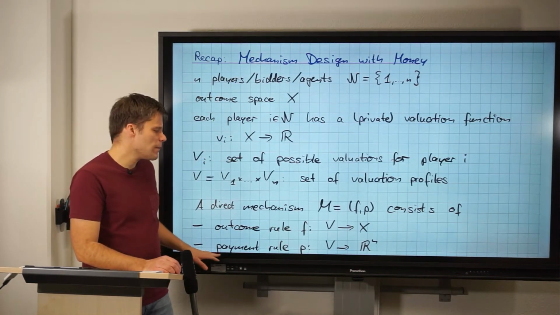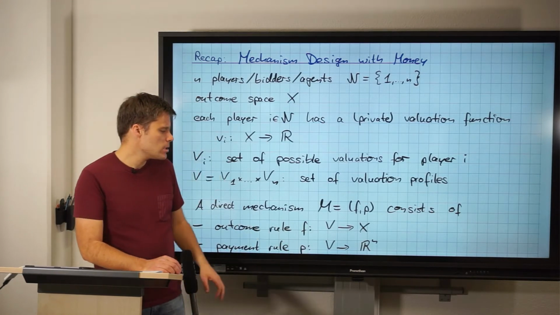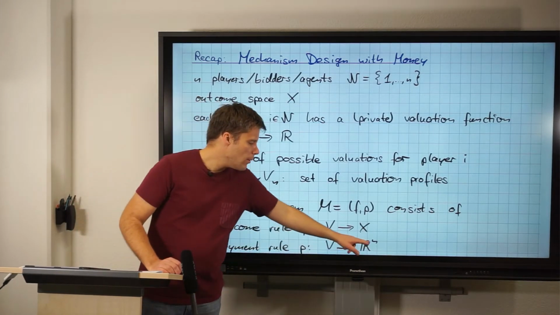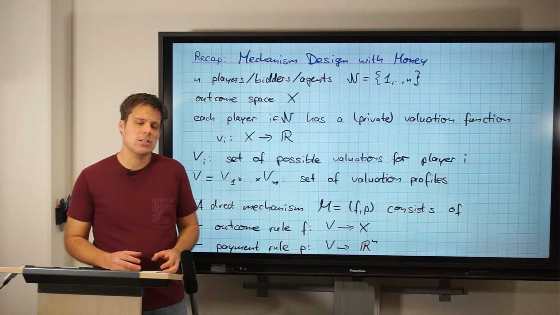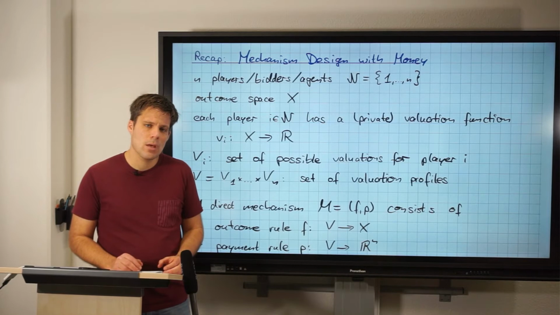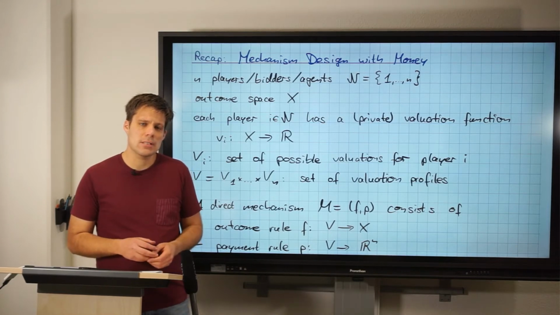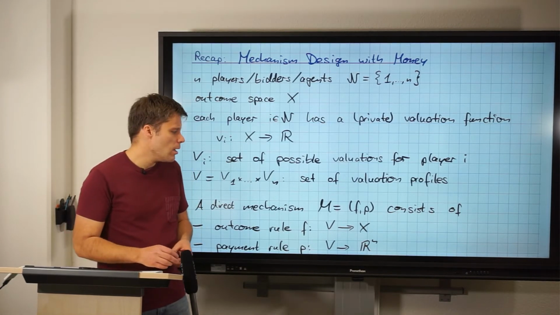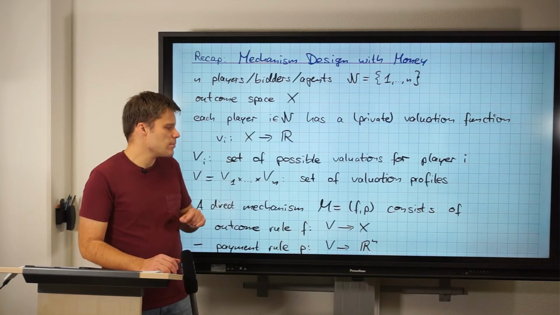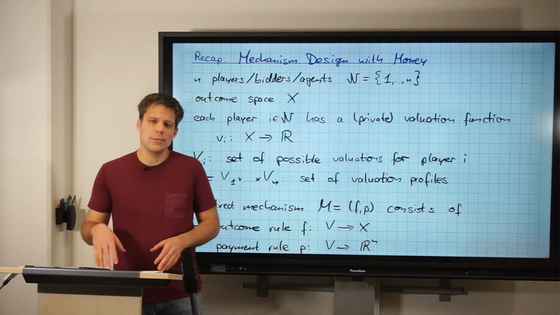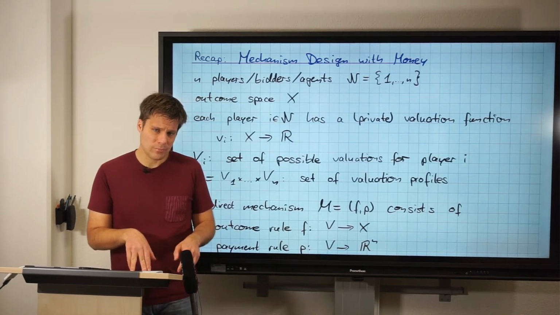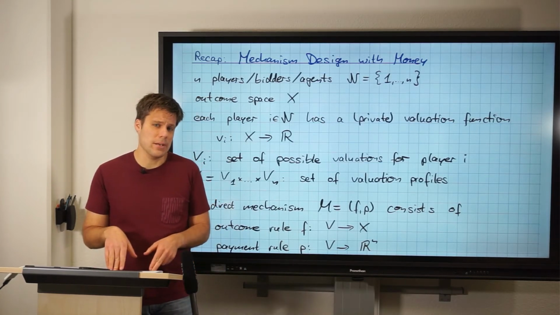And at the same time we have the payment rule, which maps this to a payment for each of the players. For example, we were considering these single item auctions where possible outcomes were who wins the item, and then usually we made the winner pay something and the losers didn't pay anything.